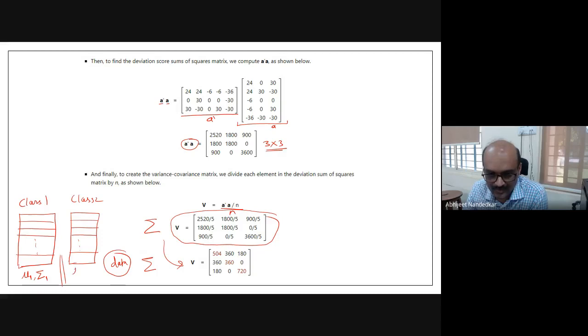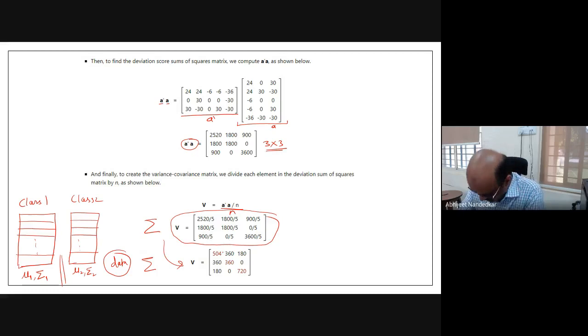Use the same operation and find mu2 and sigma. Okay, so I am explaining here for only one table. You have to repeat this for two tables if there are two classes, and maybe 3 times if there are 3 classes.